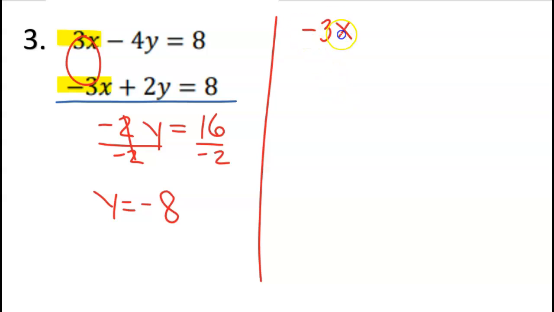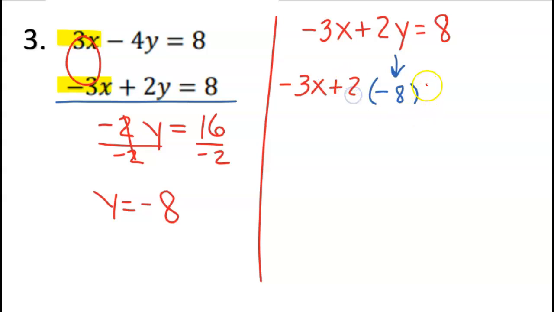Pick one of your 2 original equations, and in place of the y this time, because I solved for y, I'm going to put the 8. Was it a negative 8? Yes, I wrote down the negative 8. Then I have to solve for x.